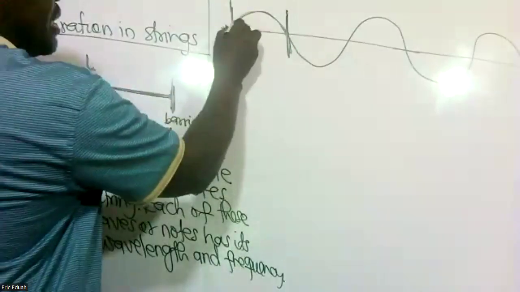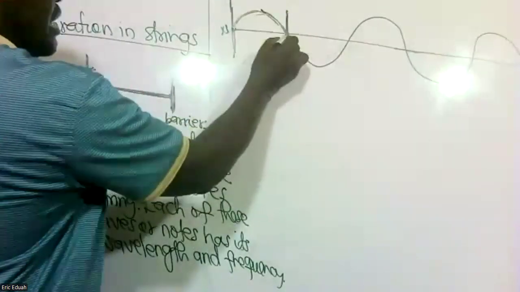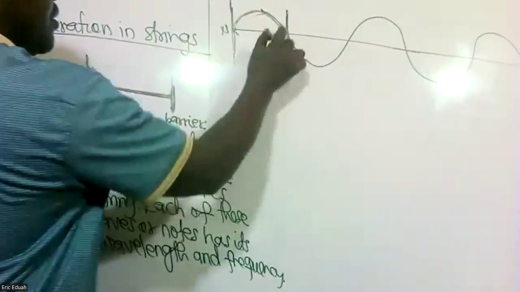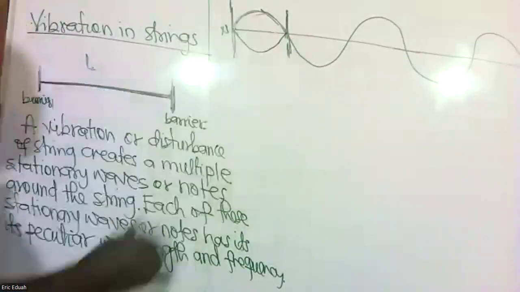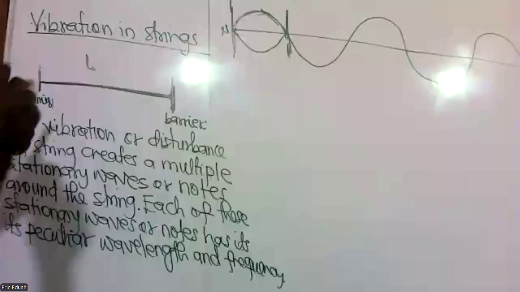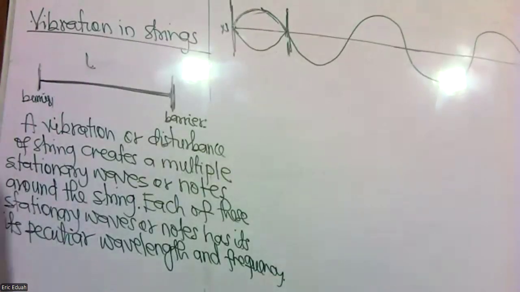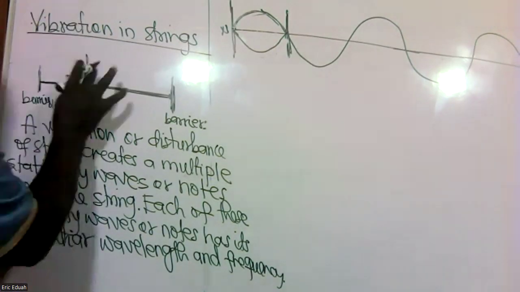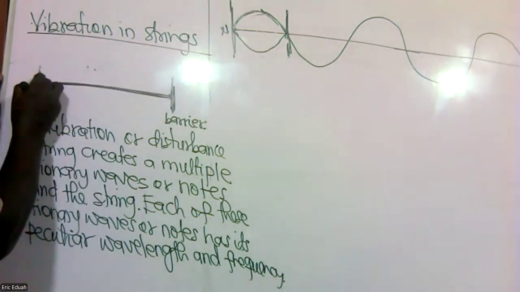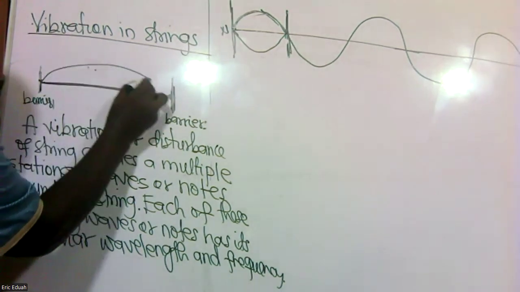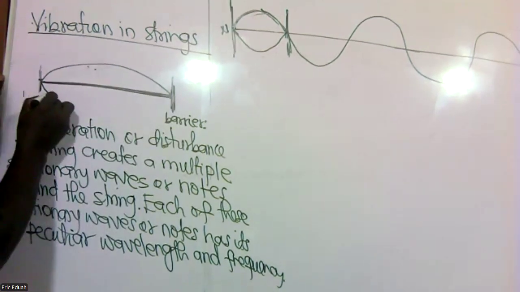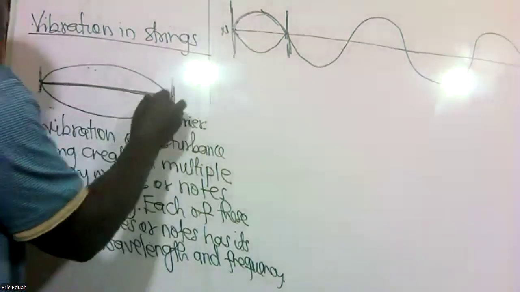So this becomes the incident wave. It hits the barrier and then reflects to create the stationary wave. So the first possible stationary wave that will be created when the medium is disturbed will look like this. It starts from a node and ends within another node, and then reflects to create this.